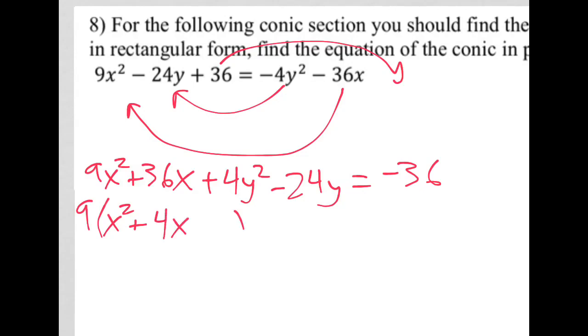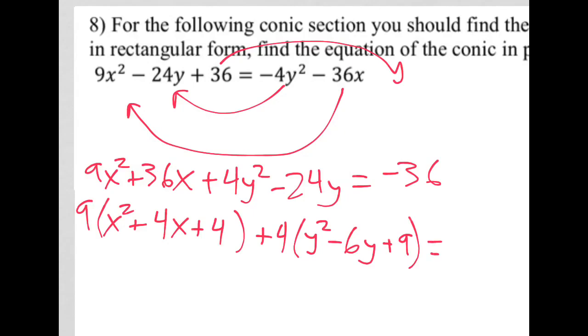Let's go ahead and complete this square right now. Completing the square means I take half of that 4, so 2, and I square it, so 4 right there. And then plus 4 factored out of my y terms, y squared minus, what's 24 divided by 4? Well, it is 6y. And again, let's complete the square. So half of that middle coefficient squared, half of 6 is 3, squared is 9.